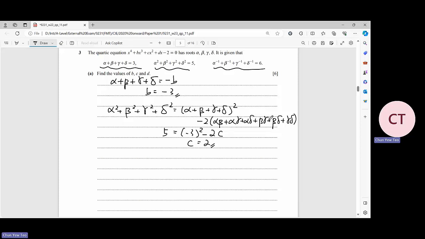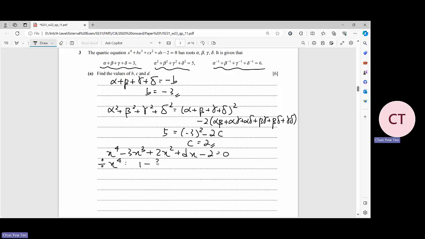Now for the d, to find the d, first of all, we write like this: x power 4 plus b, which is negative 3, then the c is 2x squared, and the dx, you do not know the d, minus 2 equal to 0. So what I'm going to do is divide everyone by x to the power of 4.